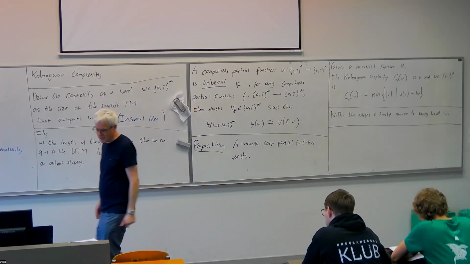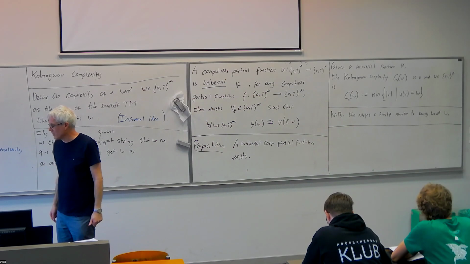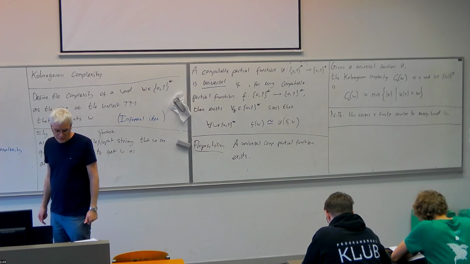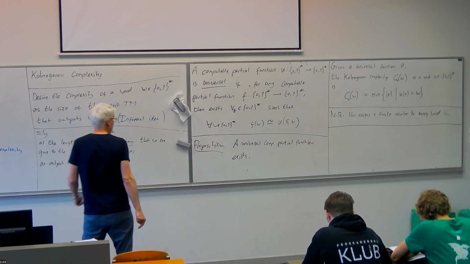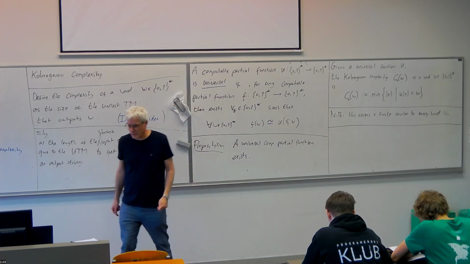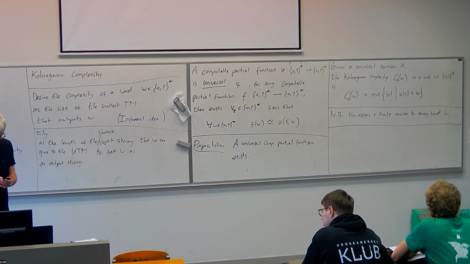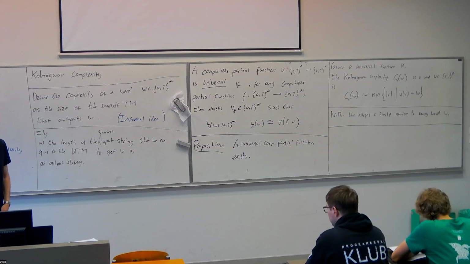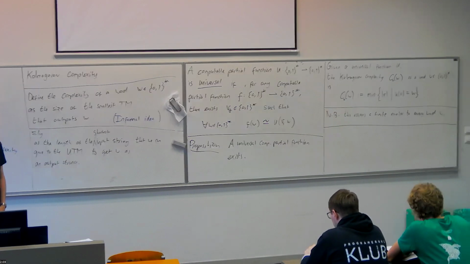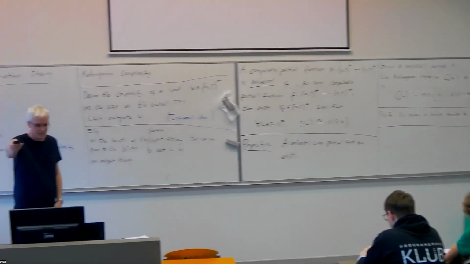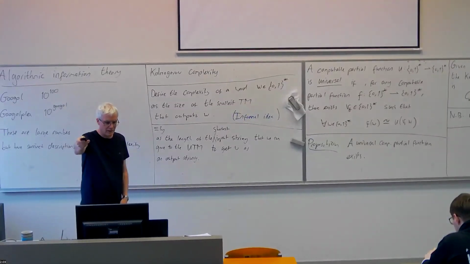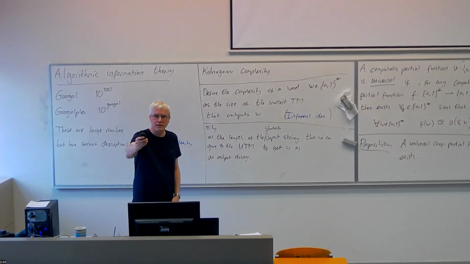There are many different universal functions and they might give extremely different answers. On the other hand, it turns out that it's actually well defined, or canonically defined in a nice sense.